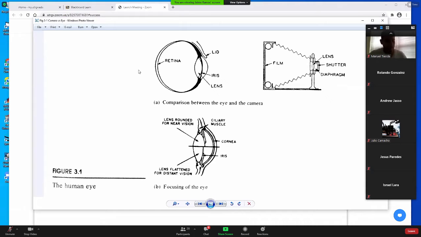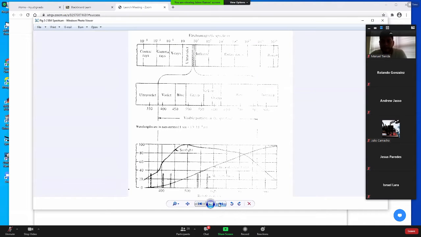So one natural detector, light illumination detector, the comparison between the eye and the camera. Okay, so let's move forward to the next figure. In one of the homework assignments, I'll be asking about the electromagnetic spectrum.